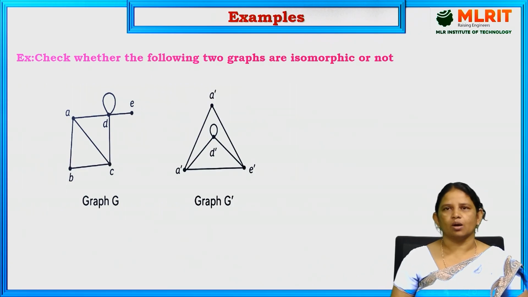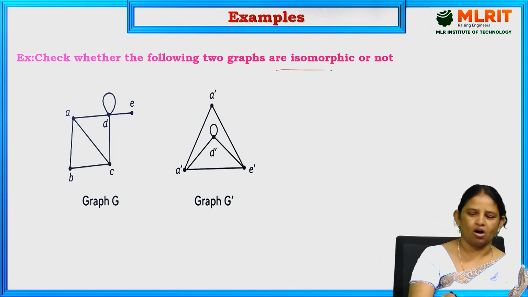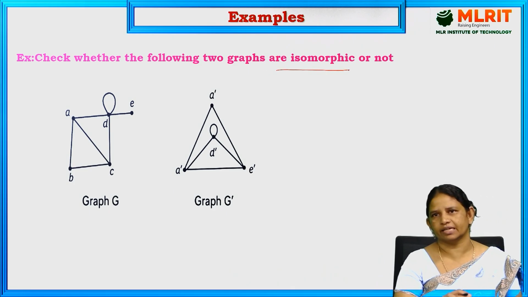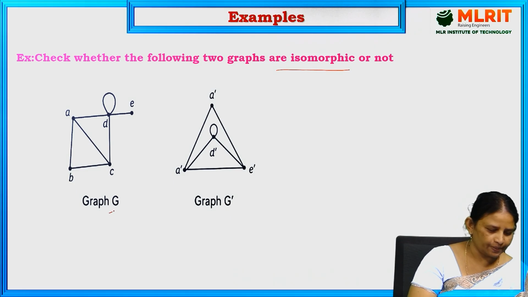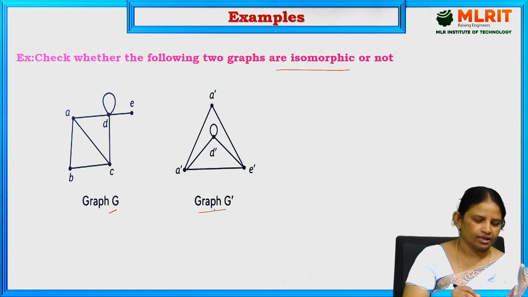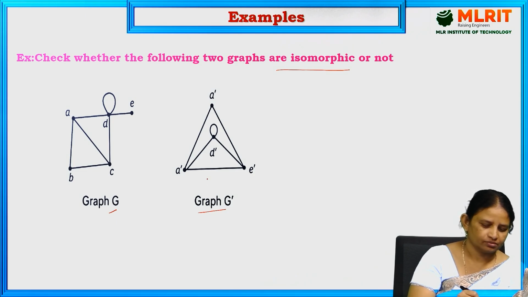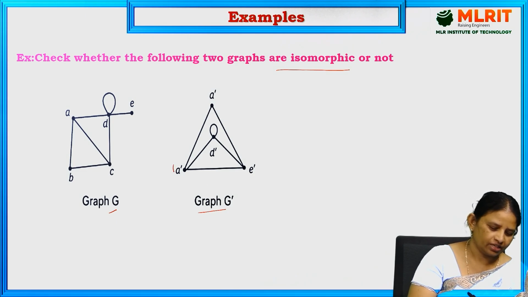Consider one example. We need to check whether the two graphs are isomorphic or not. This is graph G. Another one is graph G dash. Here A, then B dash, then C dash, and this is D dash.